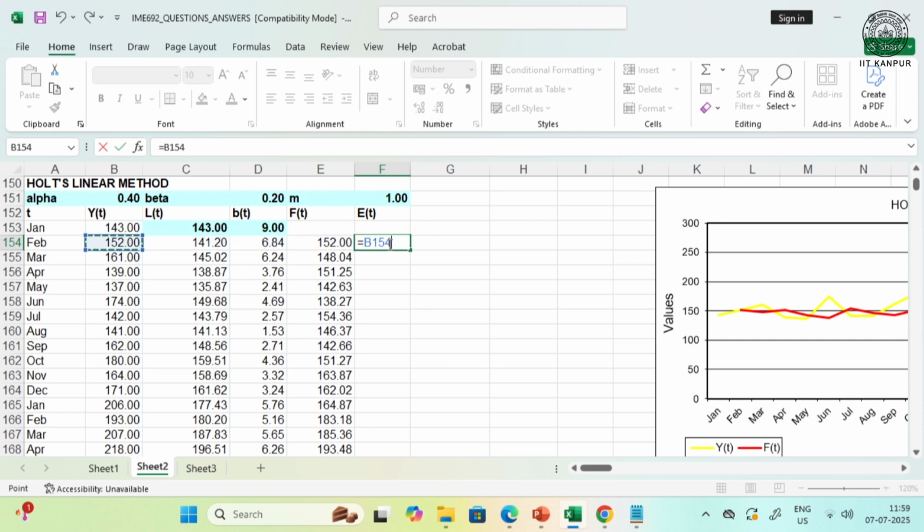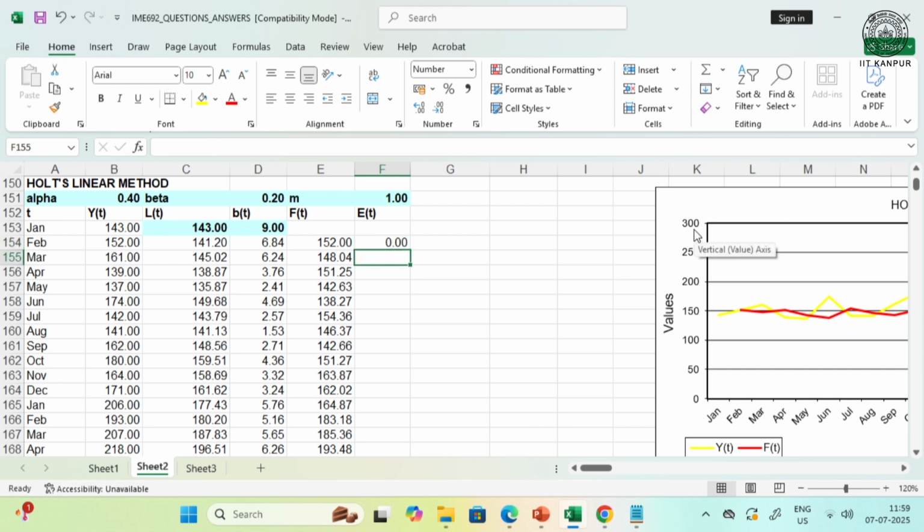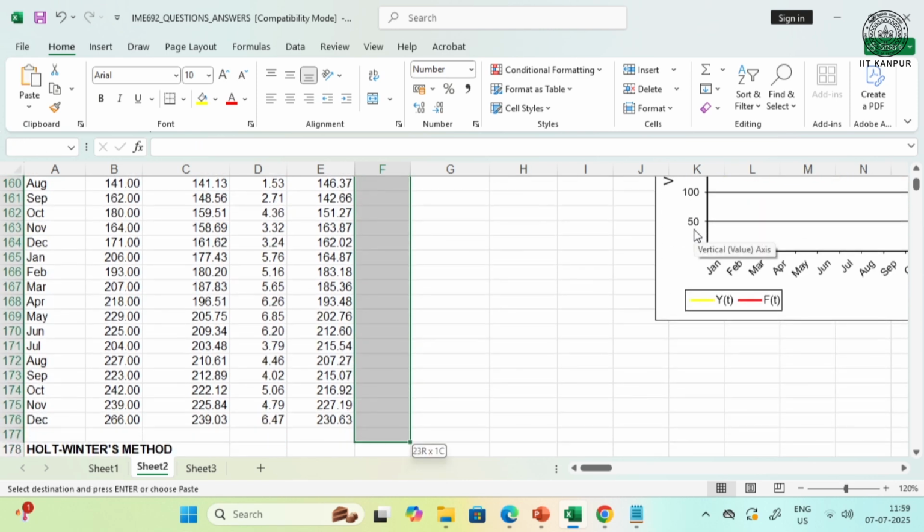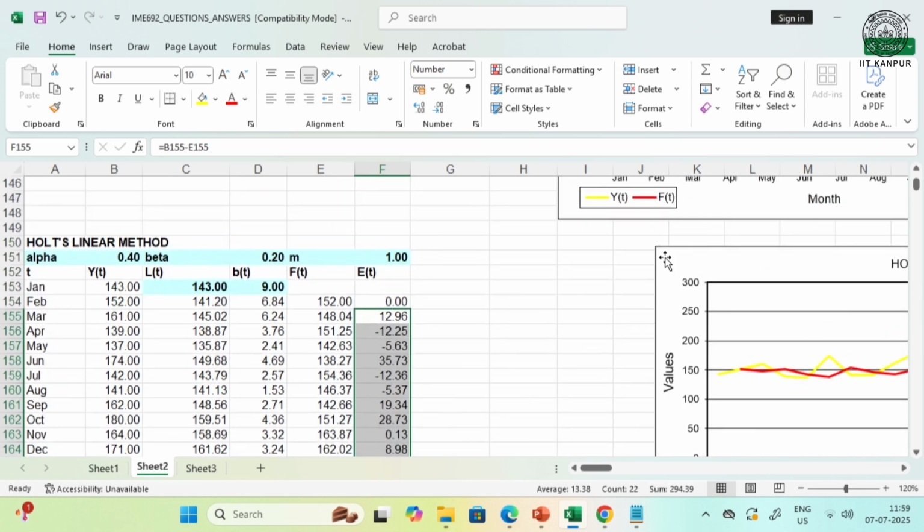Actual value is given in column B and the forecasted value is given in column E. So, I find out the difference, and I have this difference.